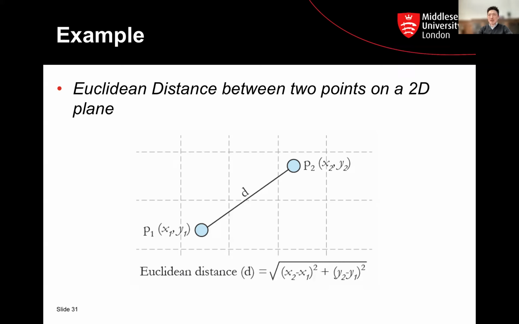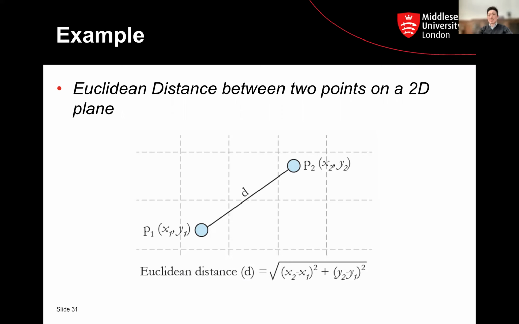I assume you know how to calculate it: you take the differences in x and y, and z if you have three dimensions, square them, add them together and take the square root. But in theory, there are many different possible distance metrics.